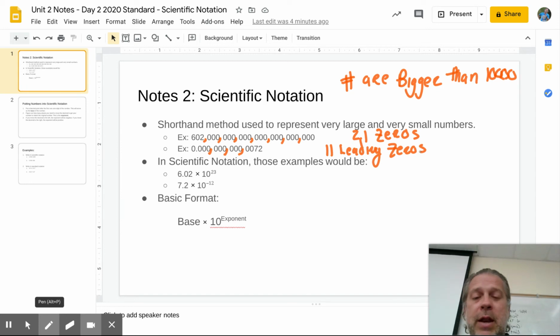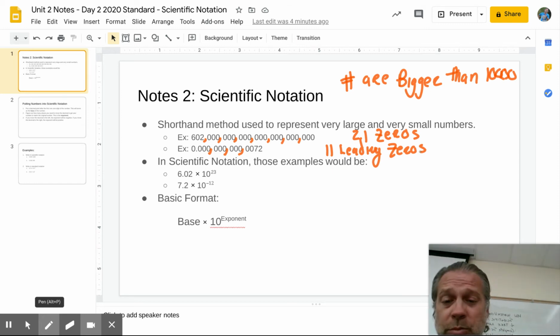The other thing that is important is if you just wrote 0.72, well, 0.72 is significantly larger than 0.0000000000072. So those are very important placeholders, and that's what scientific notation does: it allows us to communicate how many zeros or how many placeholders there are.